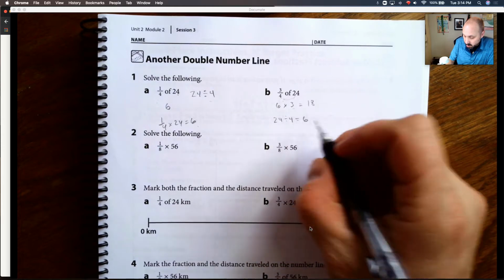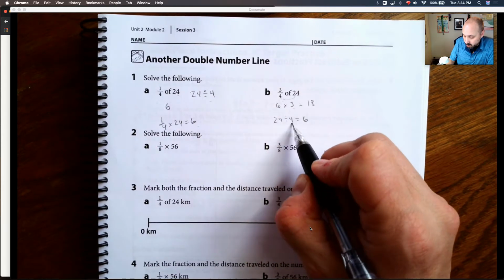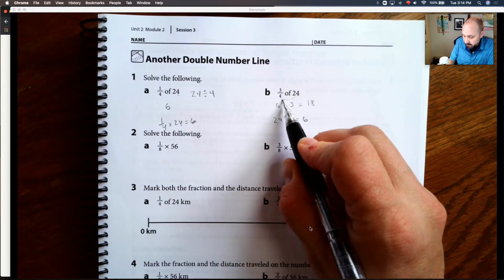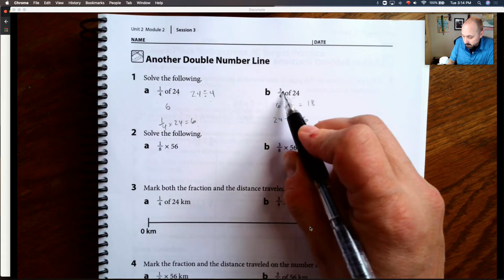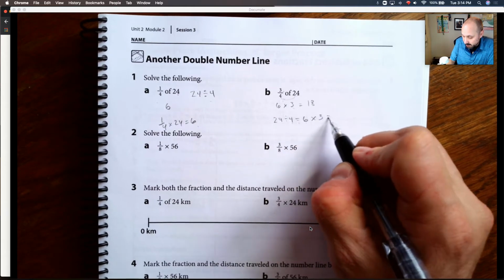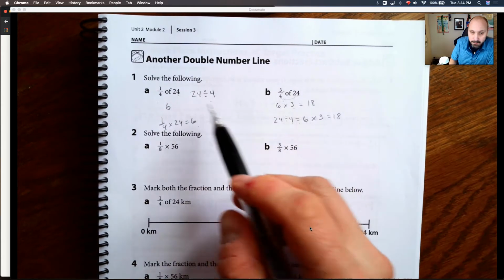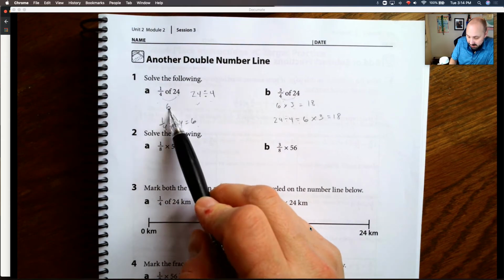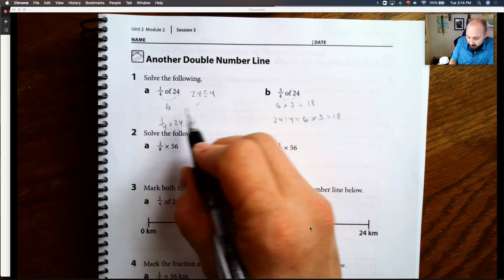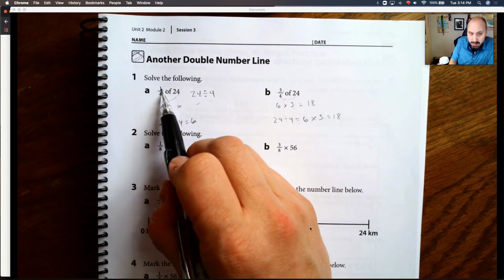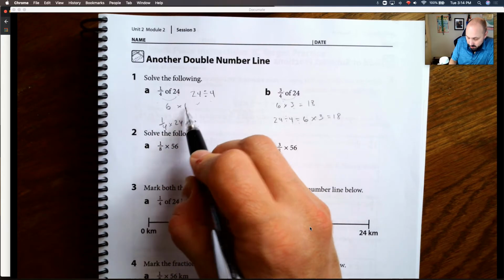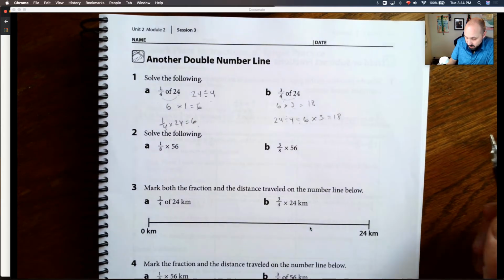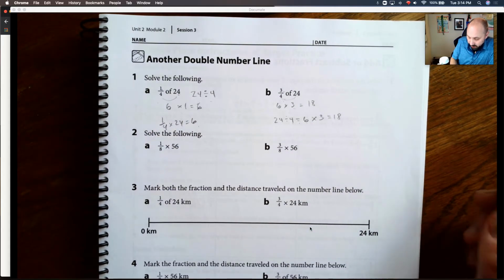So 24 divided by the denominator is 6, times the numerator is 18. And it works for 1/4 as well. 24 divided by 4 is 6. 6 times 1 is 6. Okay? All right, solve the following.